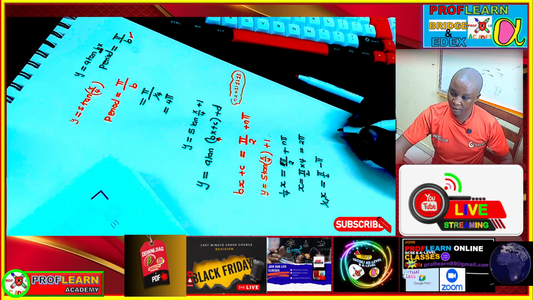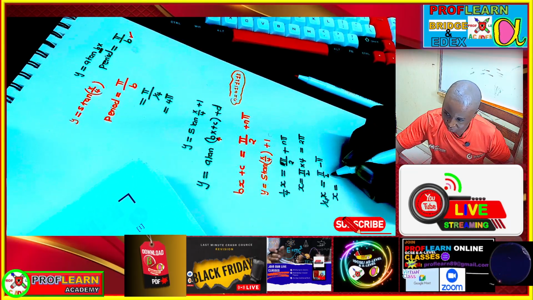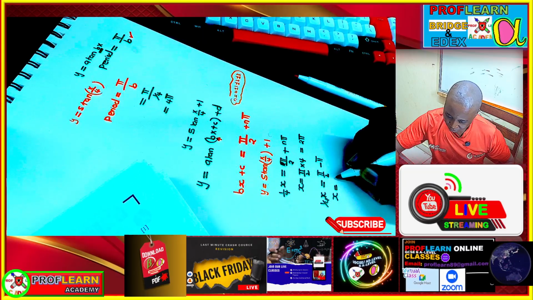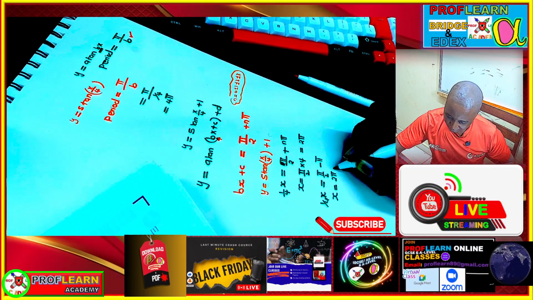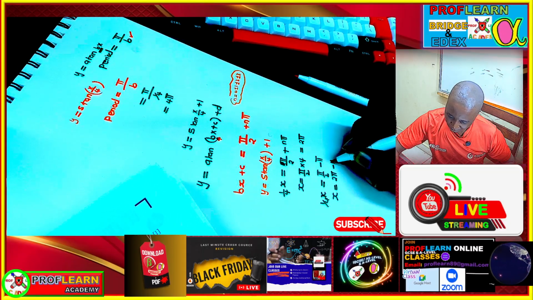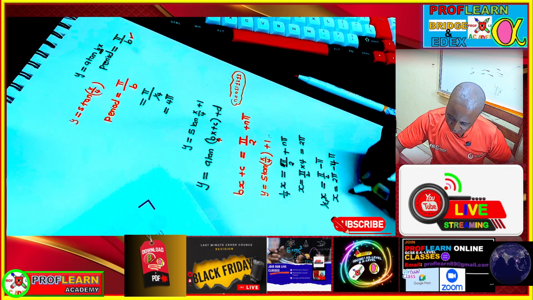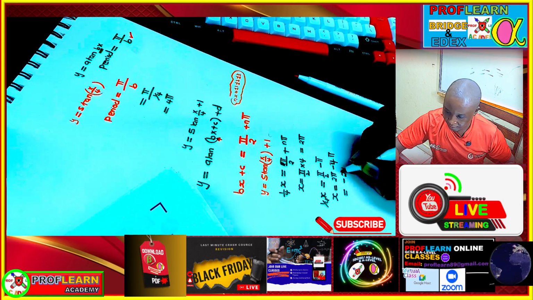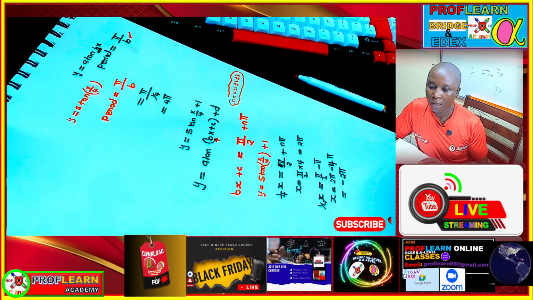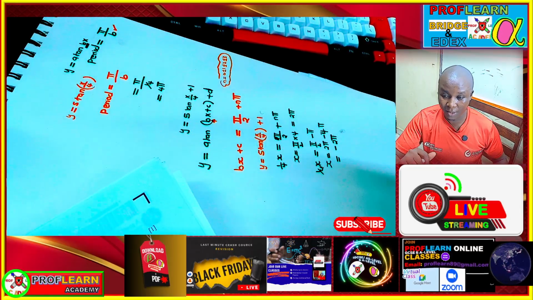If we multiply by 4 all through, we are going to have x equal to 2π minus 4π, and that is going to be minus 2π. So that is the second point where we are going to have our asymptote for this particular question.